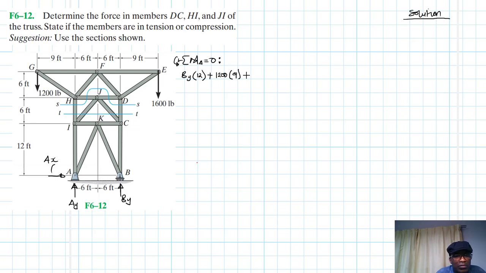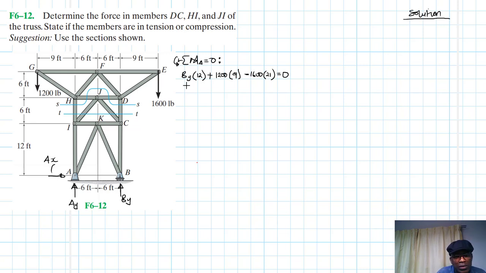And then we have a minus 1600 by 9 plus 12, which is 21, right? 21, okay, equal to 0. Okay, 6 and 6 and 9, 21.